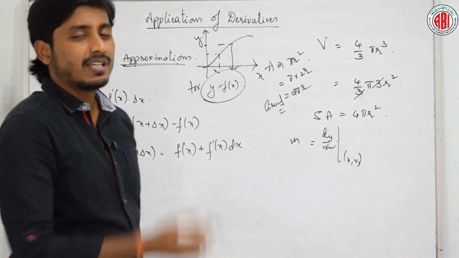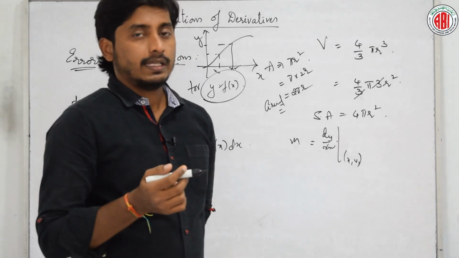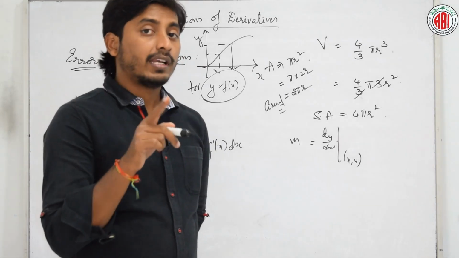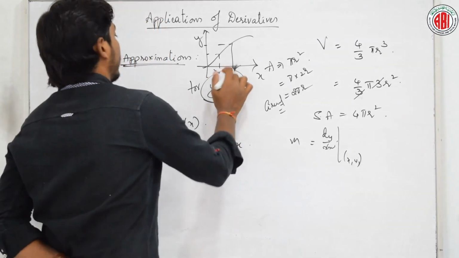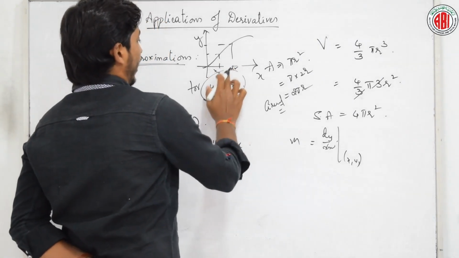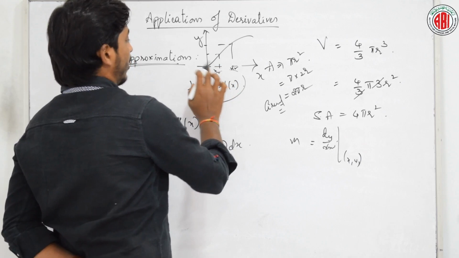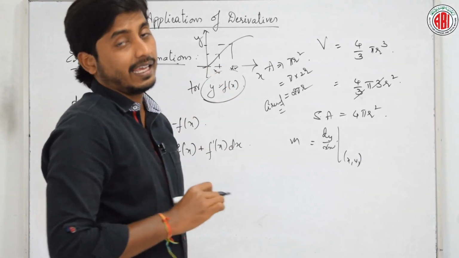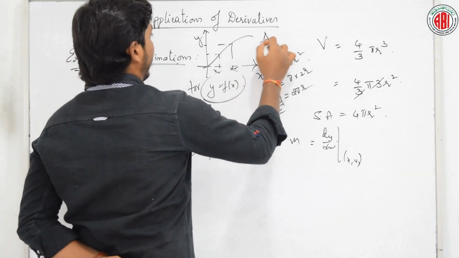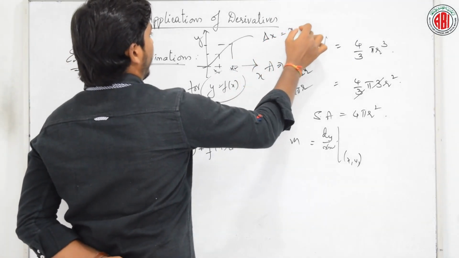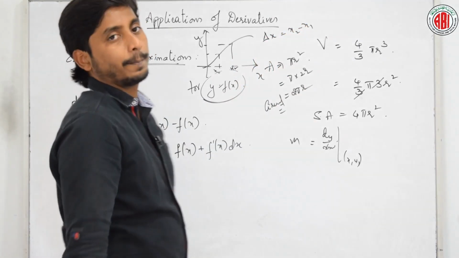Then what is the difference between those two? You would have learnt in your initial physics chapters on measurements. That is, the value of y at x2 minus the value of y at x1. This can simply be called delta x, as we always used to write x2 minus x1, isn't it?